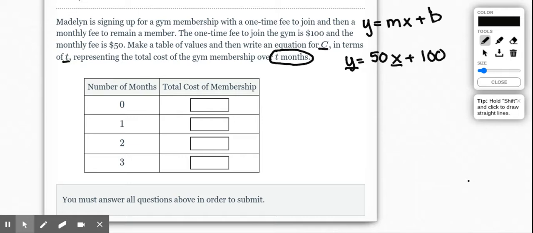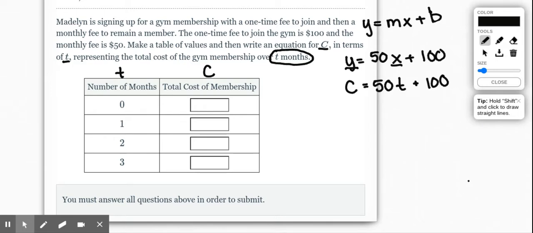So if we look at our table, T is our months, and that means that C is our cost of membership. This column is always the x, and this is always the y. That is another way you can decipher that. So I'm going to change our equation real quick. Instead of y, it's going to be C equals 50T plus 100.